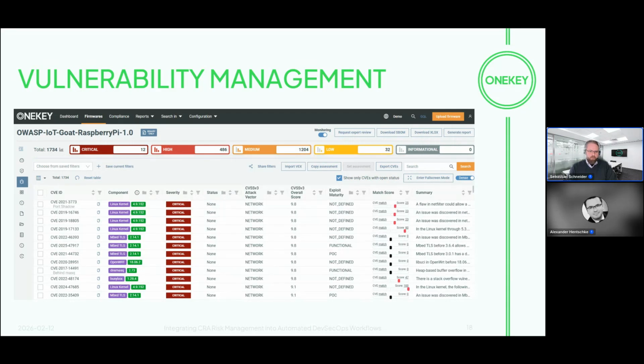And for example, if there is already a known exploit, here in the exploit maturity, we see two CVEs that already have a proof of concept exploit and one functional exploit, which would mean that it is, for example, listed in the Exploit DB.